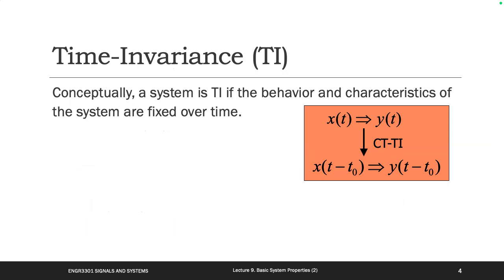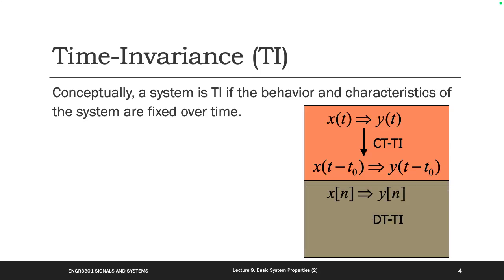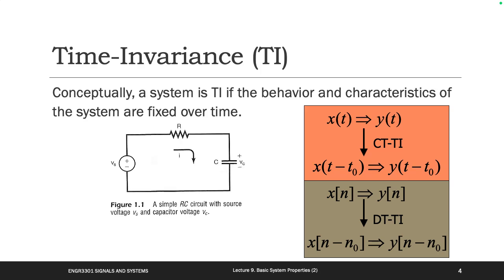This is just the idea of time invariance: the behavior and characteristics of the system are fixed over time, like the RC system. Am I right? And then this is DT. It's a similar thing: x[n] decides y[n], and x[n minus n0] decides y[n minus n0]. For example, the RC system, we just talked about that.